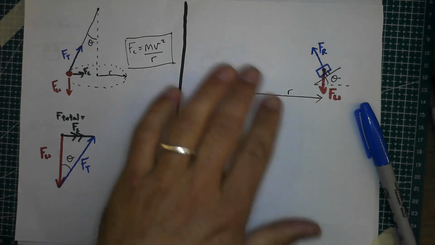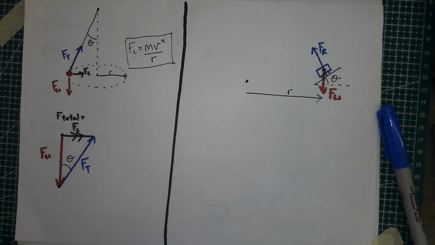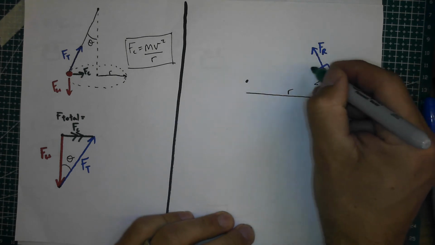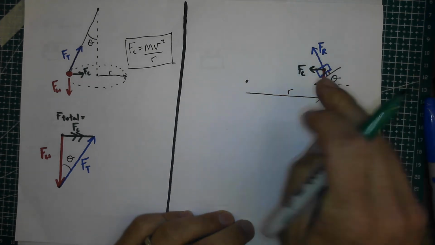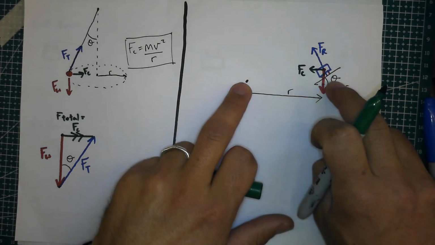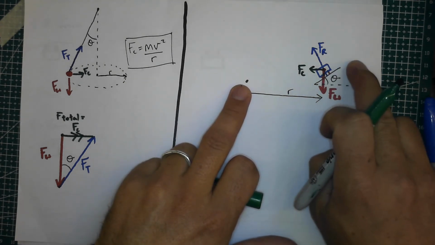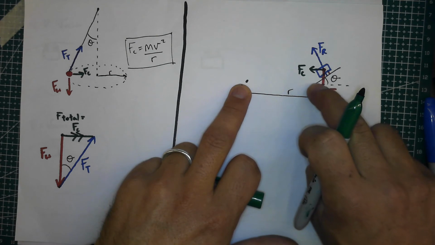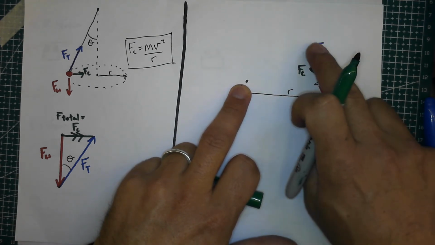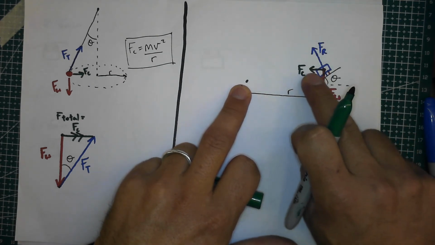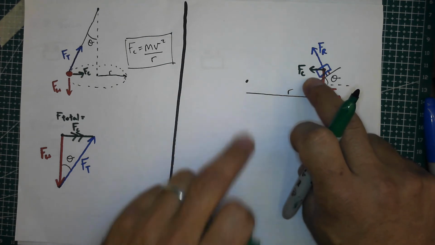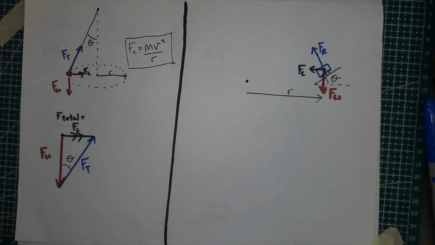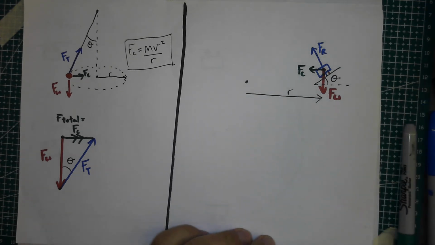And we know that these two forces must give us a centripetal force, a force towards the center of the circle. If the car is going around at a constant height, that means it's not accelerating up the hill or down the hill, then these two forces must add together to give a horizontal total force, which is the centripetal force. So let's draw this diagram over here.